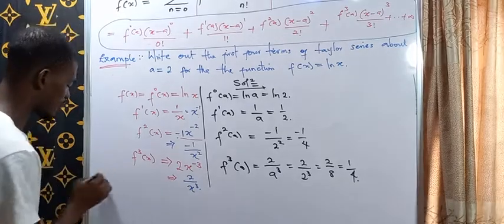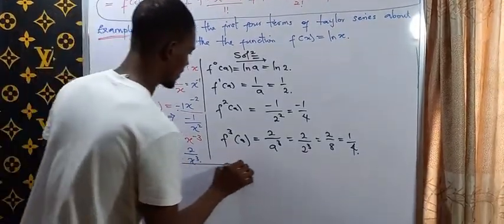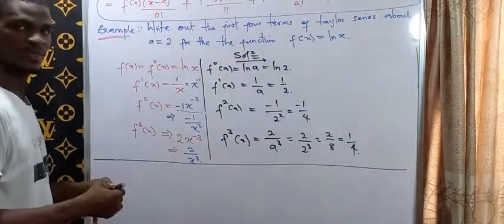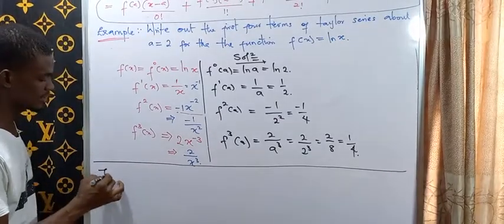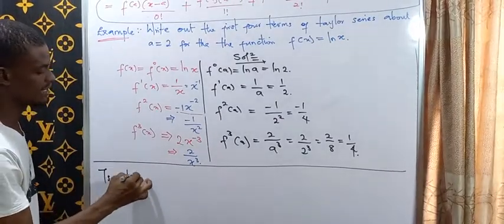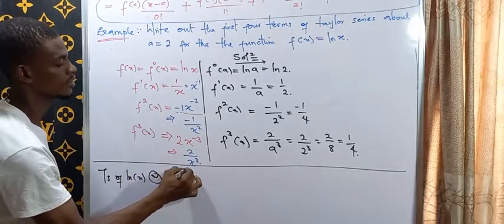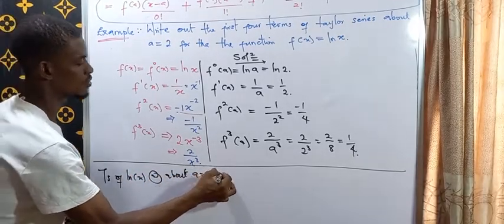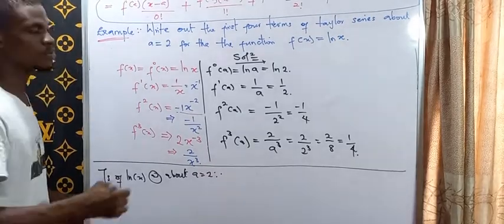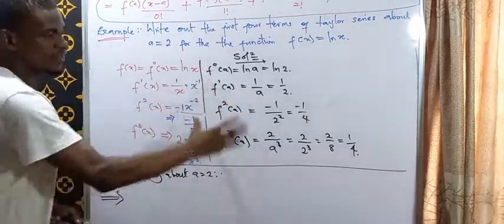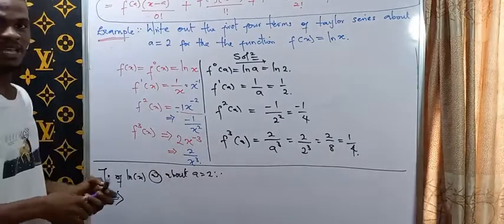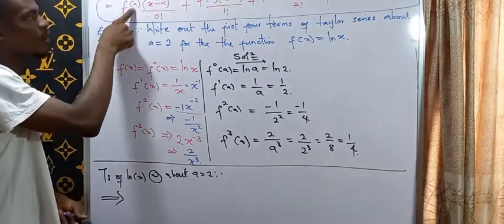Then I can write out my series by saying the answer is the same thing as the Taylor series of ln x about a equals 2, which is equal to, now let's substitute everything into my answer. f0 of a.